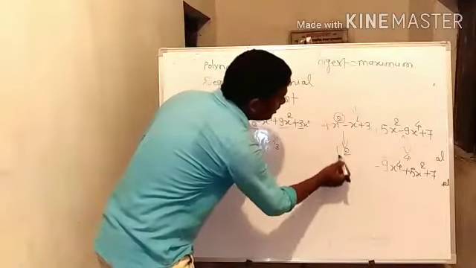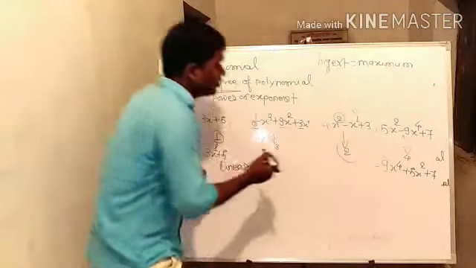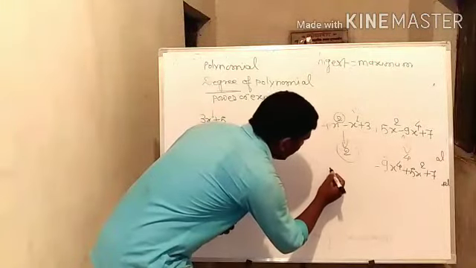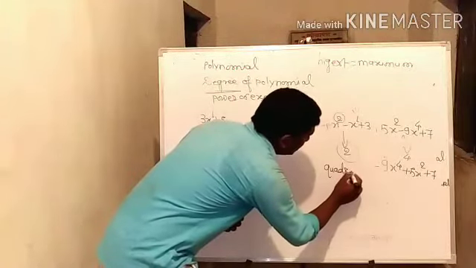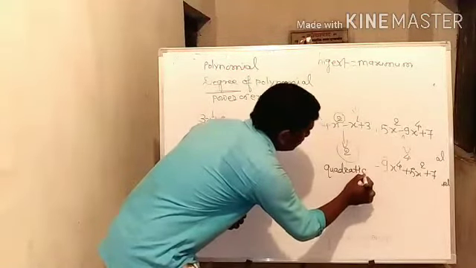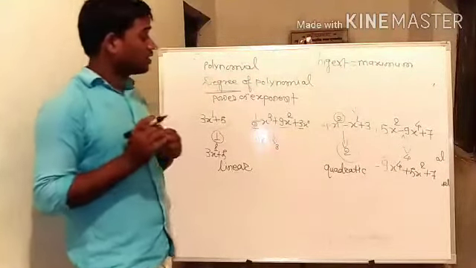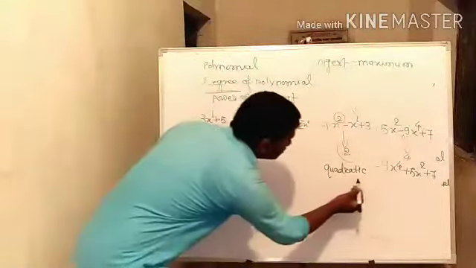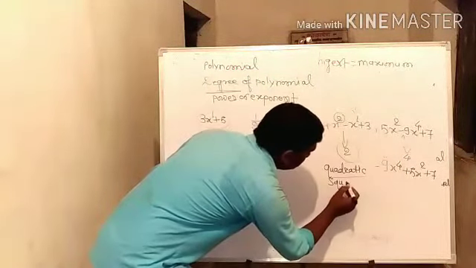And when the degree of the polynomial is 2, then we can say that this polynomial is known as quadratic polynomial. Another name of this quadratic polynomial is square polynomial.